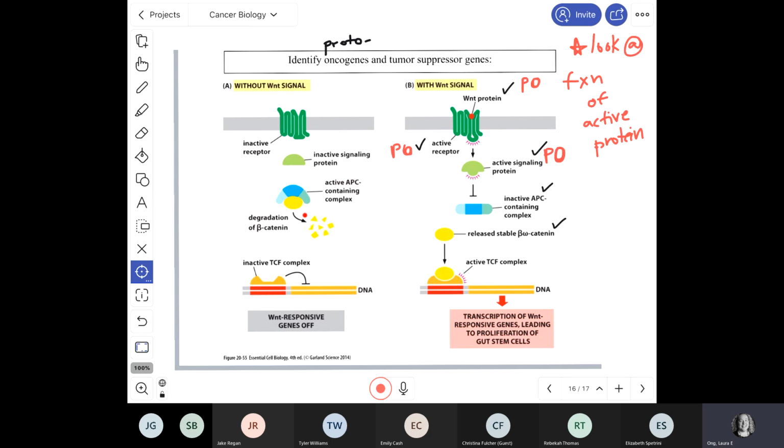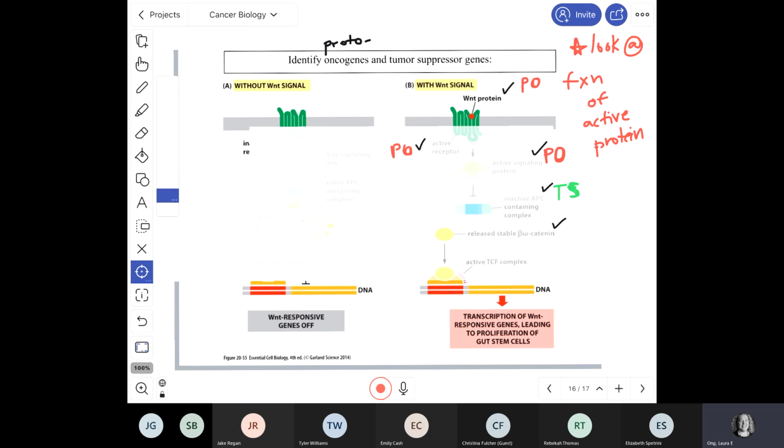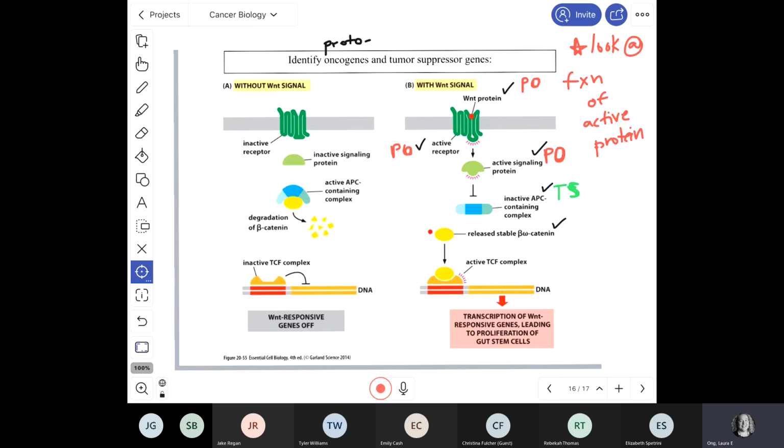So APC is a tumor suppressor. That one is a tumor suppressor. And then we could look at beta catenin. When beta catenin is active and stable and actually doing its job, it is a promoter of cell division. So it too would be a proto-oncogene.